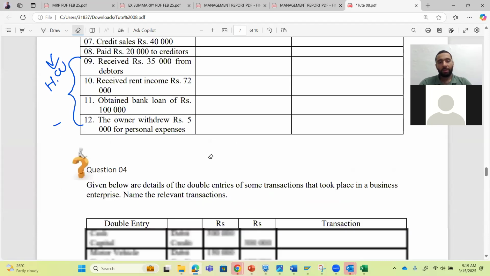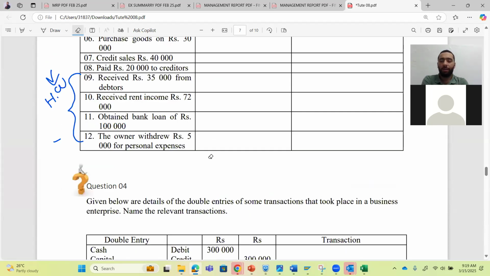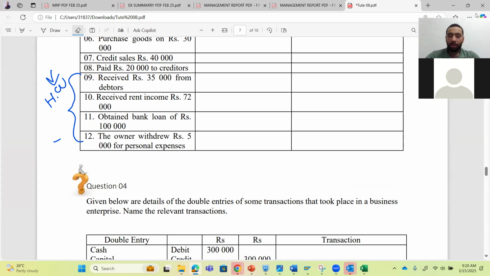Right. Can someone please confirm whether you all can see my screen? Is it clearly visible? My screen is what I want to make sure is clearly visible.